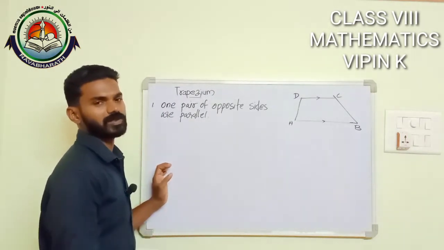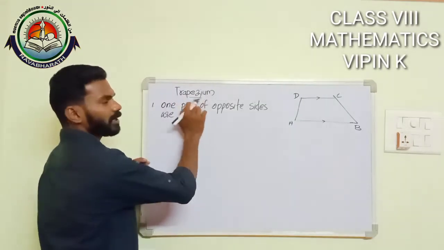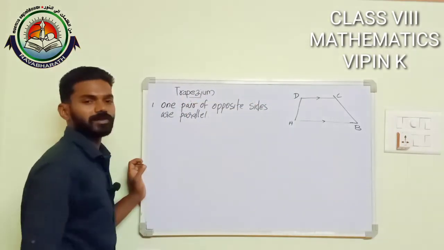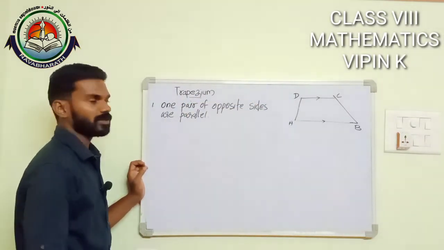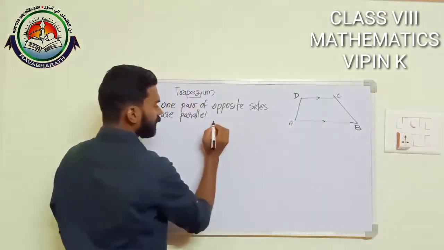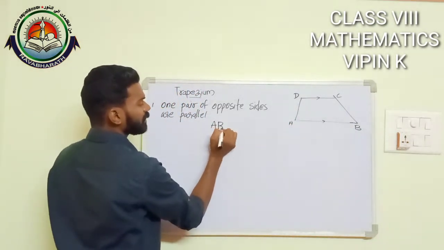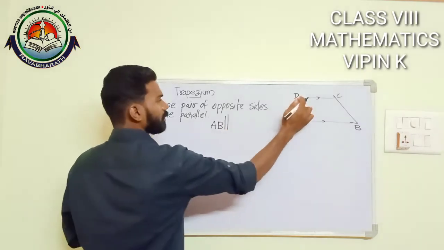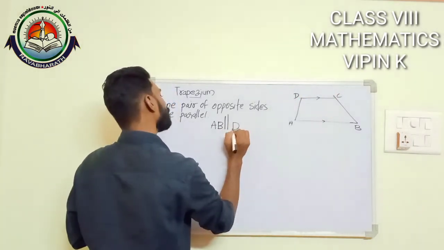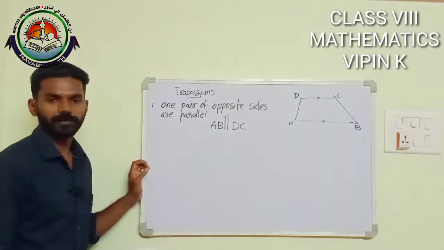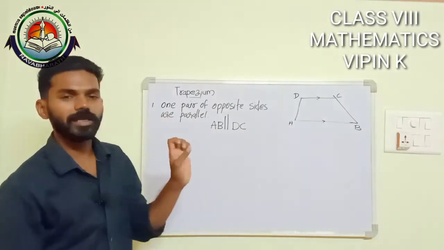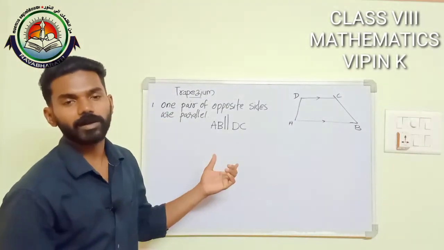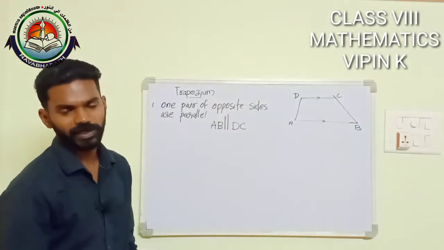Only one pair is parallel. Then such a quadrilateral is called a trapezium. Clear? So here the parallel sides are AB, which is parallel to DC. Clear? This is the only condition for a quadrilateral to be a trapezium.